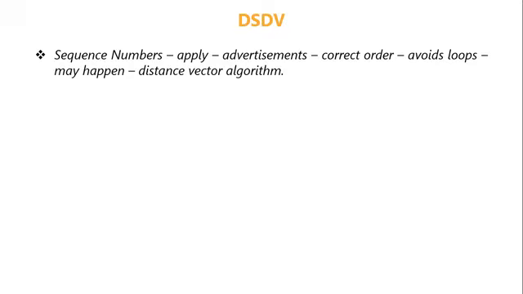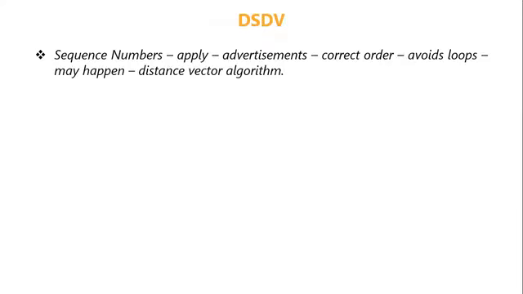These sequence numbers help to apply the advertisements in the correct order, since the same advertisement may follow different paths. So the sequence number helps the receiver to apply the advertisement in the correct order. This avoids the loops that are likely with the unchanged distance vector algorithm.